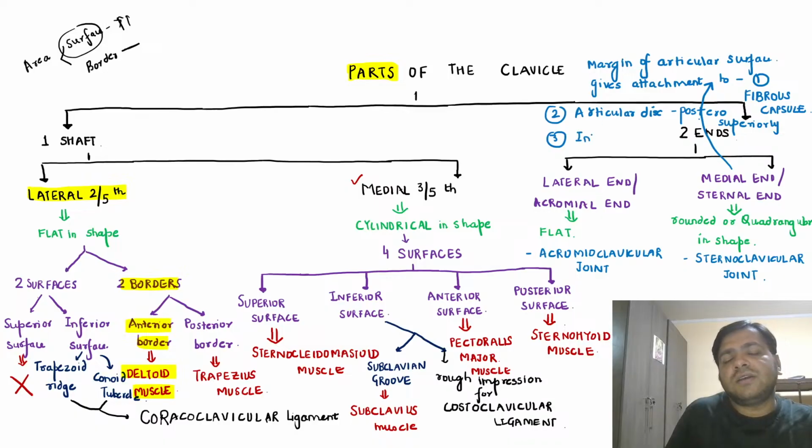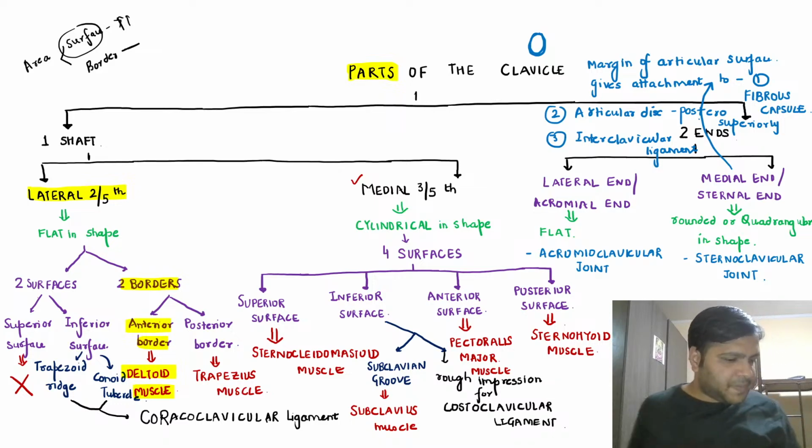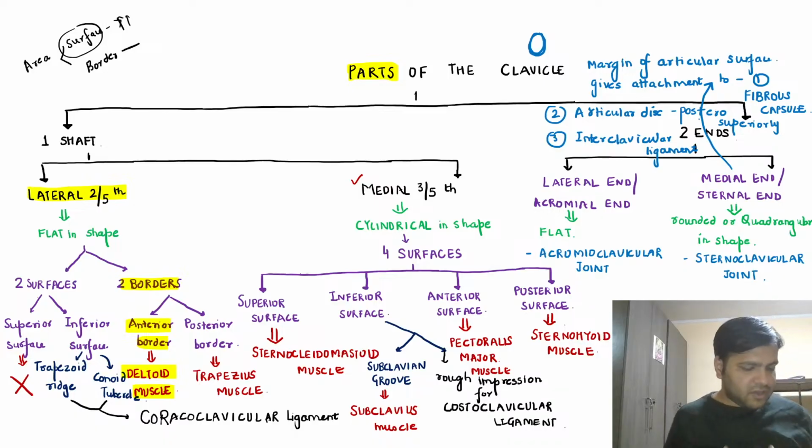And the interclavicular ligament. The entire circular margin of the medial end gives rise to the fibrous capsule, articular disc, and interclavicular ligament. Very, very important. That was the additional point that I wanted to add in this flowchart. Interclavicular ligament, right? I hope this is clear, guys.